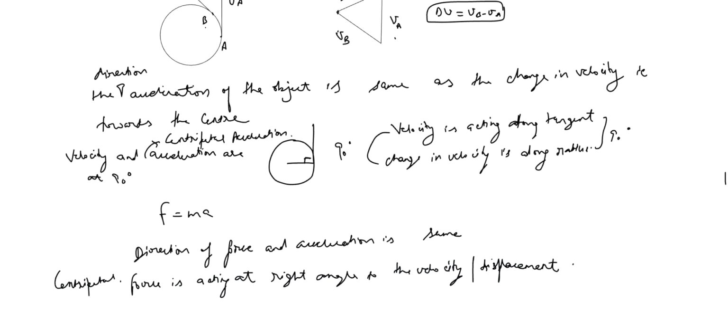What do you mean by that? Like if a particle is moving in a circular path, if I ask what is the direction of displacement at this point A, displacement is tangential, velocity is also tangential. So force is acting at right angle to the displacement.